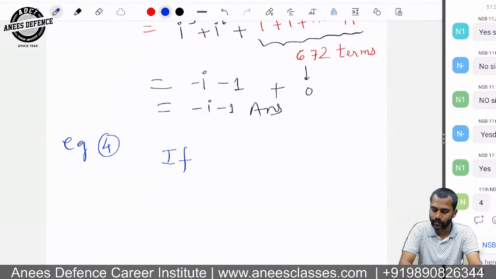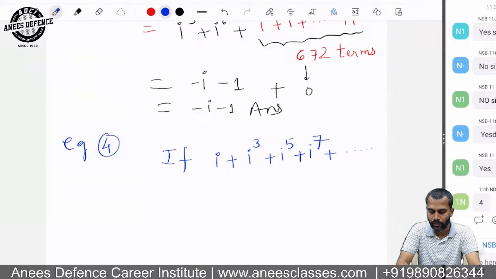If iota plus iota cube plus iota raised to 5 plus iota raised to 7, and so on, up to plus iota raised to 31, is equal to x plus iy.